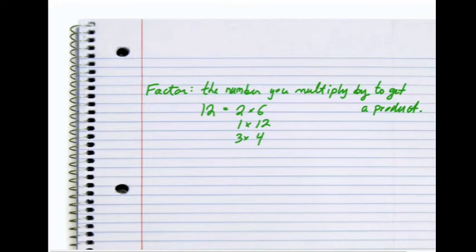A trick to finding all the factors of a number is doing a factor rainbow. Some of you may already know what this looks like, but if I was trying to make a factor rainbow for the number 32, I would start with the smallest factor I could think of, which would be the number 1, and I would put it opposite its factor pair, which is 32. Then I would move my way up. 2 is also a factor of 32, and its pair is 16.